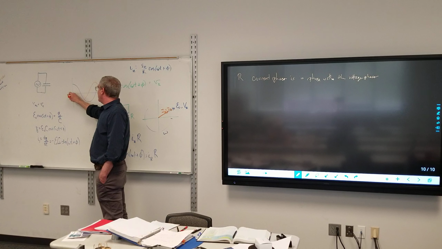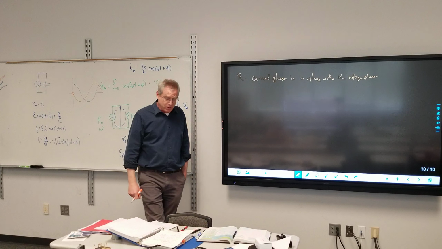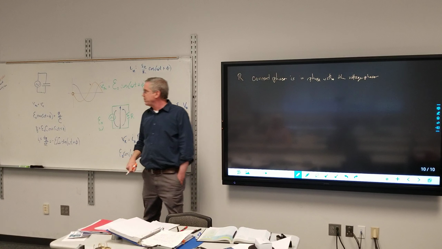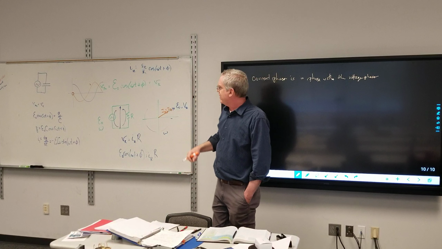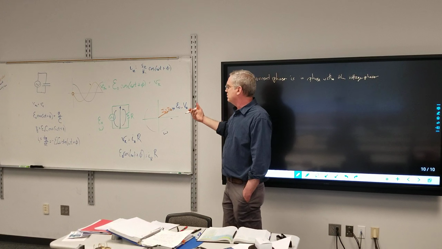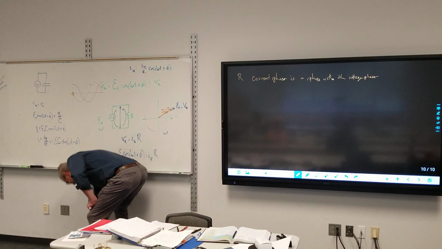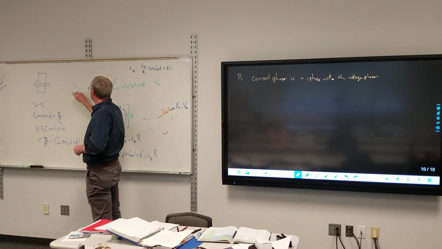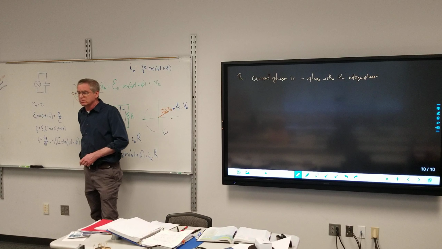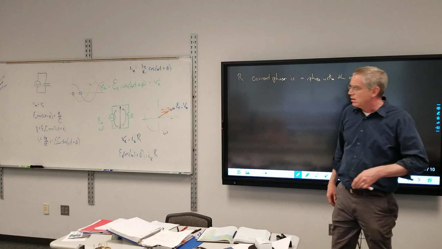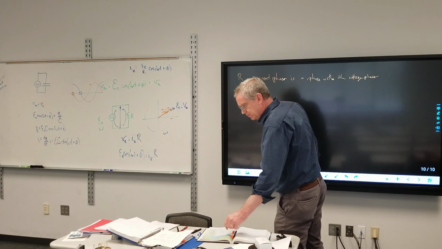So when time starts, my current, the orange is current, is at 0, and then some time later, my voltage becomes 0. So the current is leading the voltage.